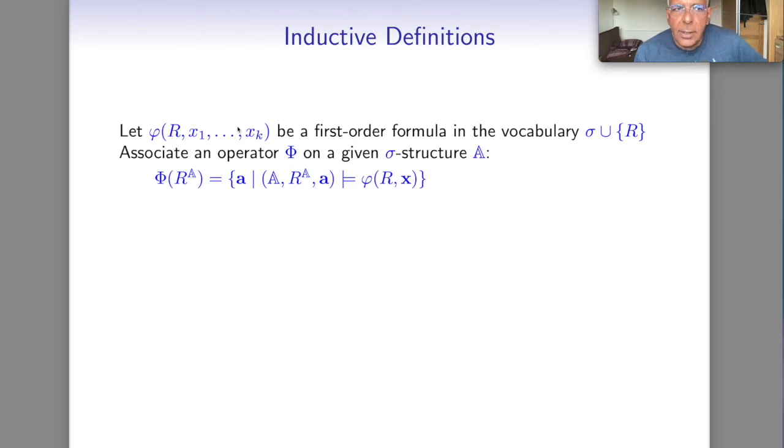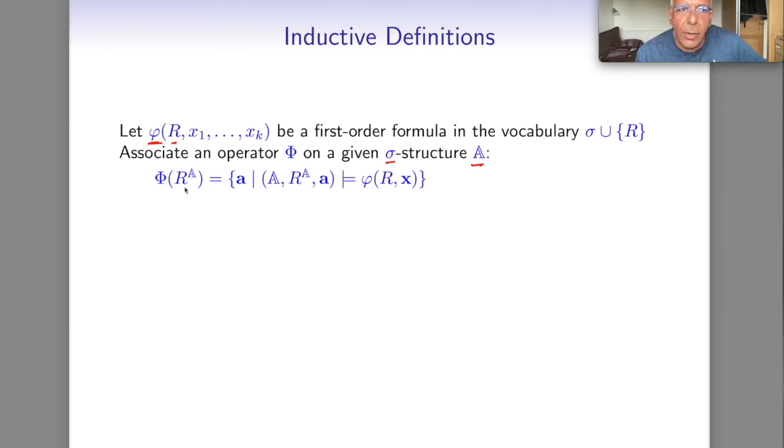Now, it's a free second-order variable, so that means I'm given a sigma structure A, one which doesn't interpret R. And I think of this formula phi, right? Now, phi cannot be interpreted in A because A doesn't provide an interpretation of R. So instead, I think of phi as defining an operator on the structure in the sense that, given any interpretation for this relation R, it defines a new relation, right?